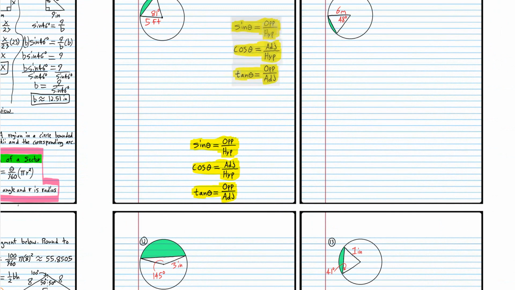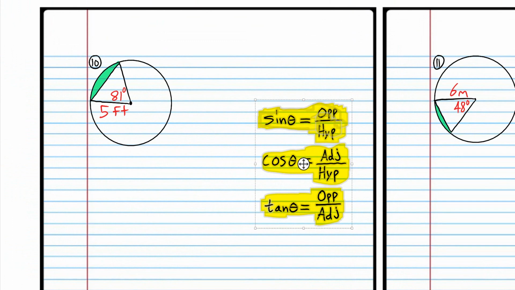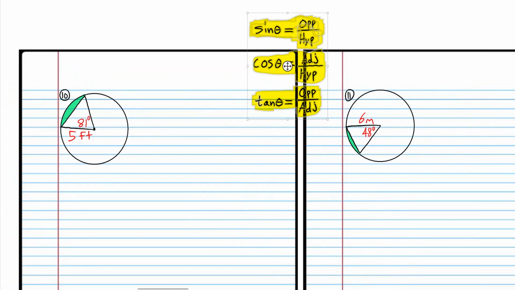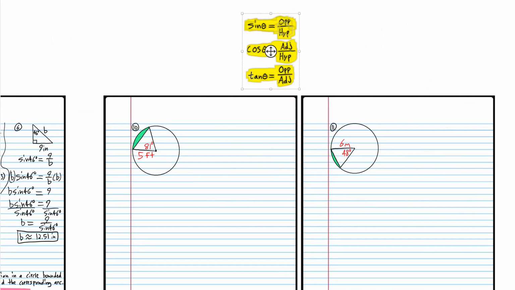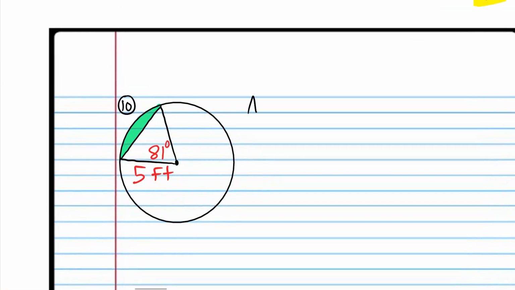I'm dragging these functions along with us. So the first step, as usual, is to find the area of the sector. So area of the sector, that's the easy part. That is the central angle divided by 360 times the area of the circle.